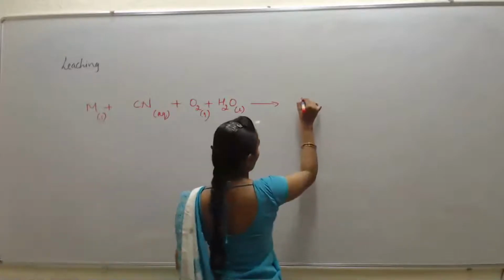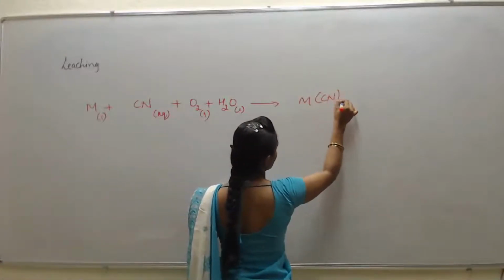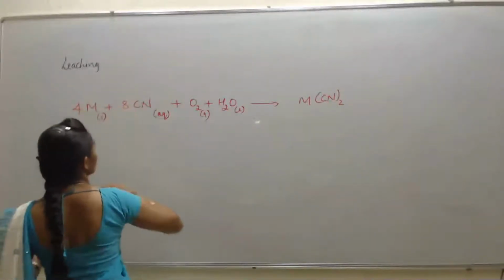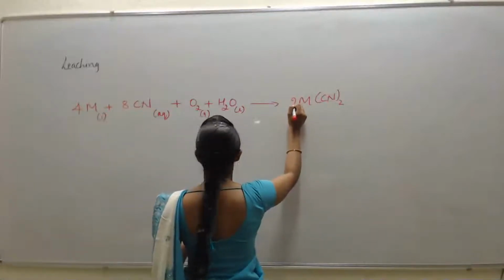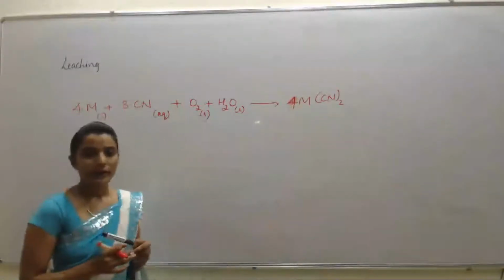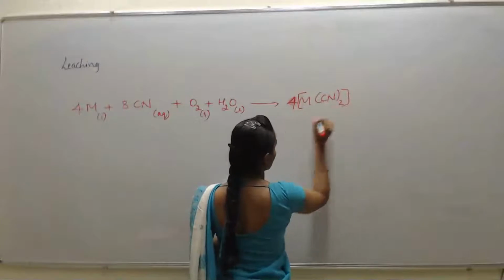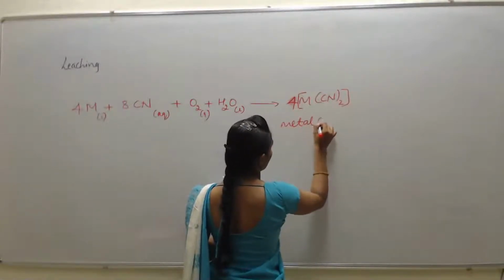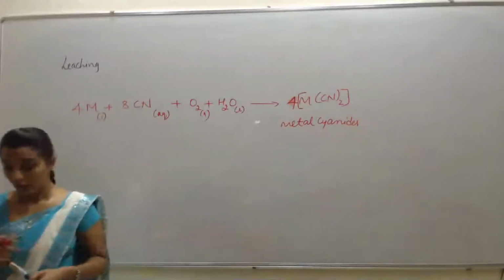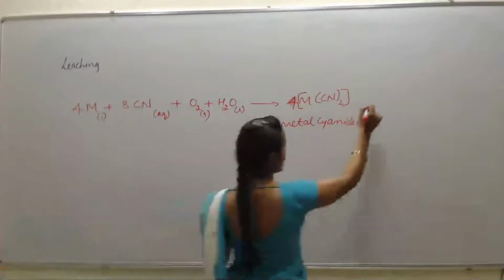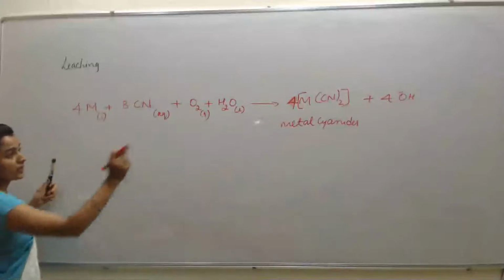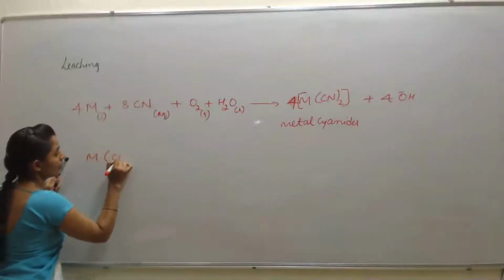They form 4 moles of M(CN)2 complexes, that is metal cyanides or cyano-metal compounds, plus 4OH minus. So here this metal cyanide is formed.